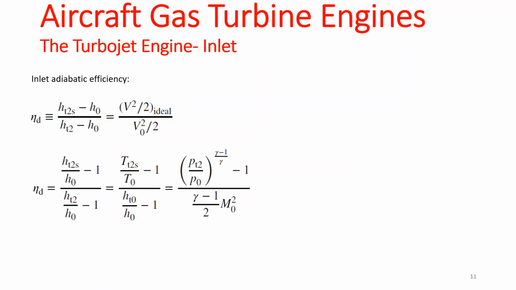Yes? Okay. So we can replace HT naught with HT2, and we replace it. This is an isentropic process. We use the isentropic relationship for this, an equation we have seen in chapter 2 that relates the total enthalpy ratio to the Mach number, right? You remember that?